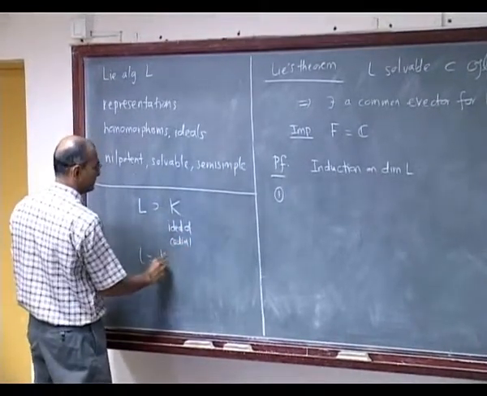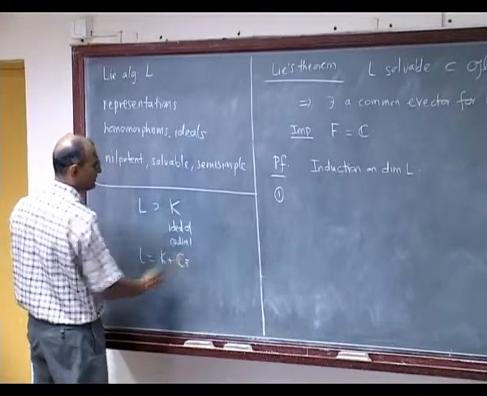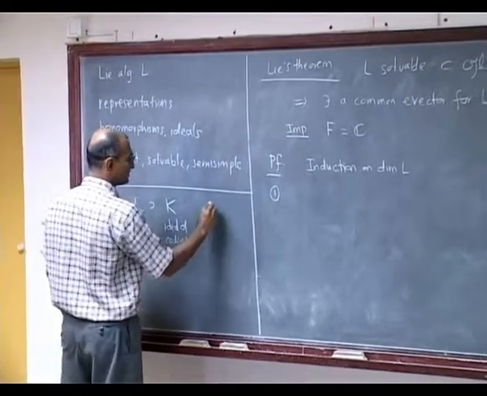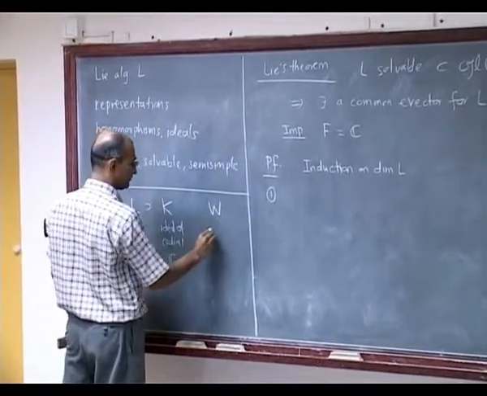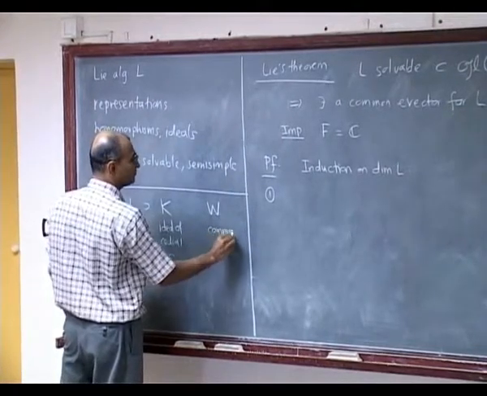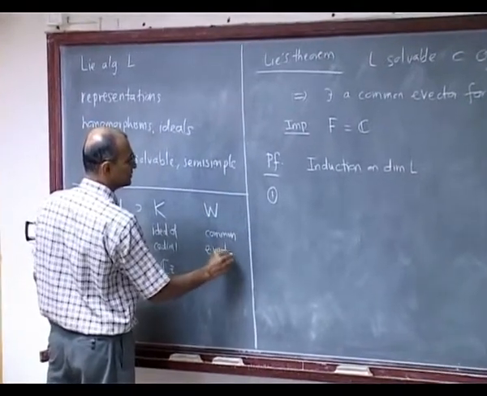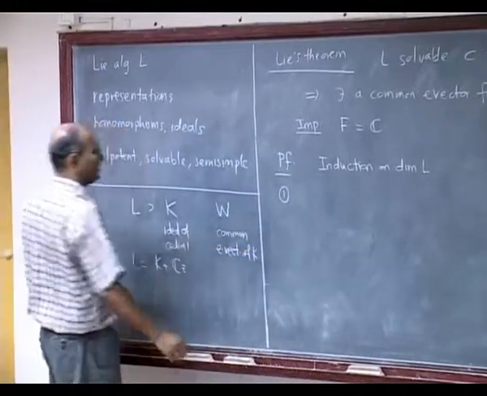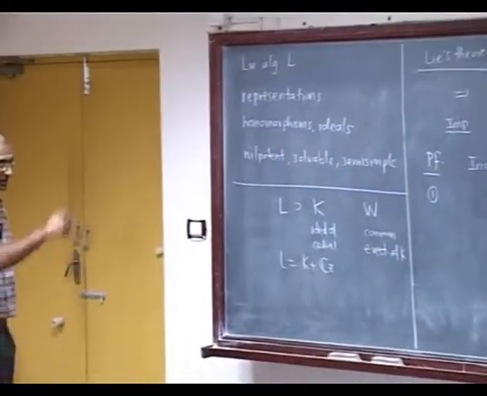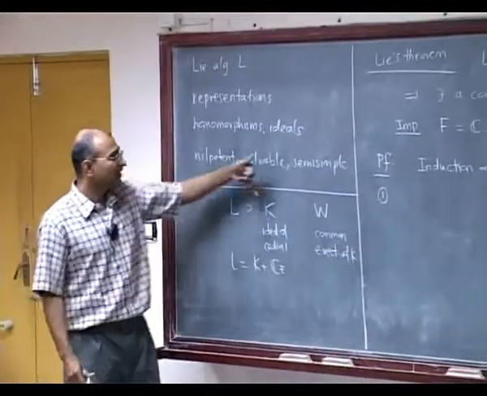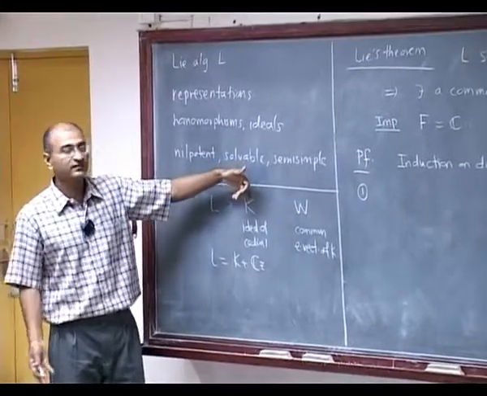L is K plus CZ, and then the space of common eigenvectors of K. But there is a little bit to say there. So our first thing is to locate this K. Where are we going to locate it?